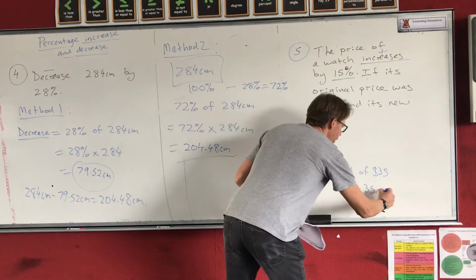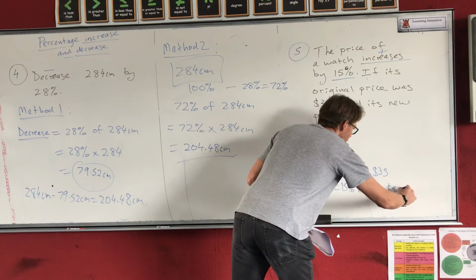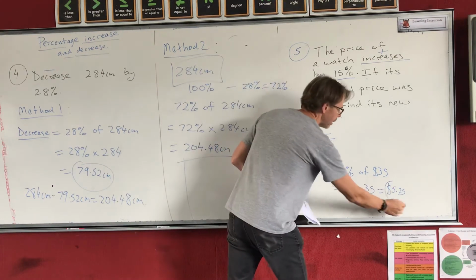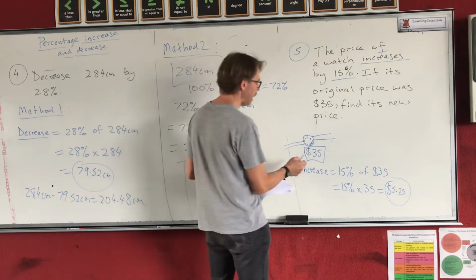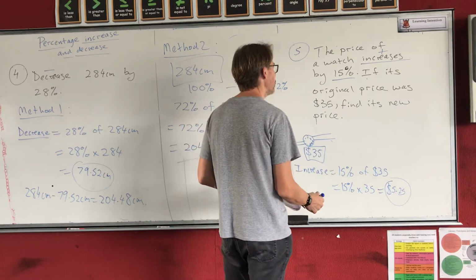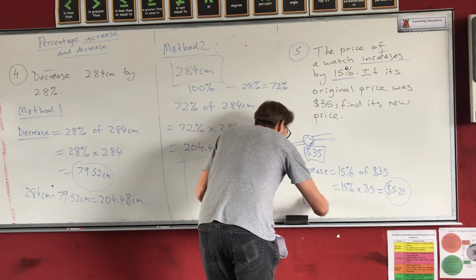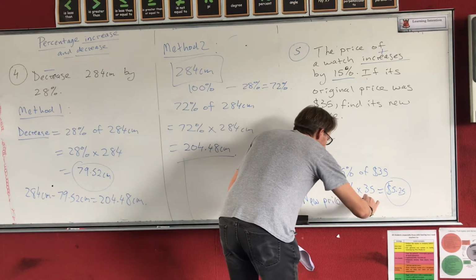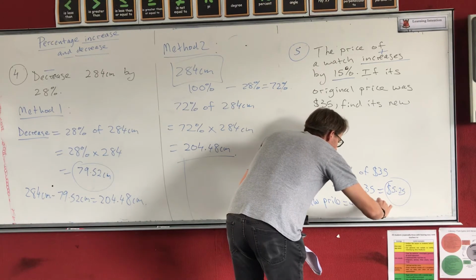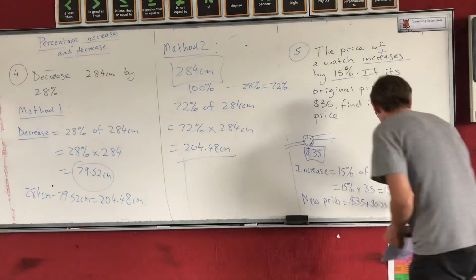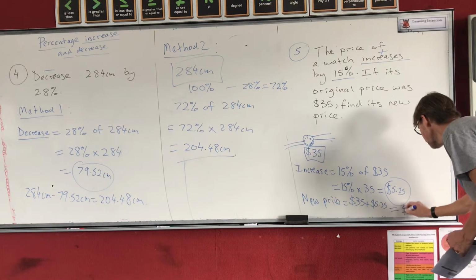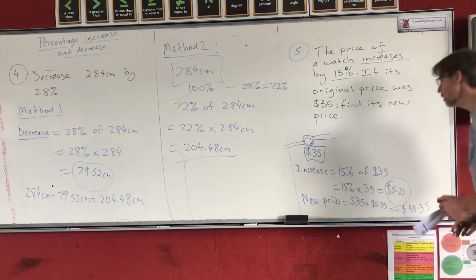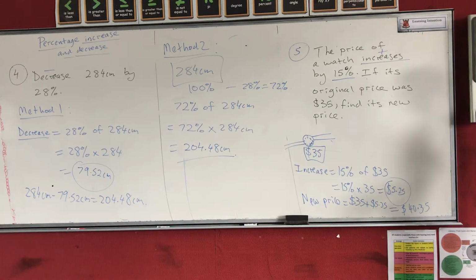Now we're increasing, so we're taking the increase there and we're going to be adding it to the 35. So I'm going to write down new price. New price equals 35 plus $5.25, which equals $40.25. There we go. Alright, copy all of it down.